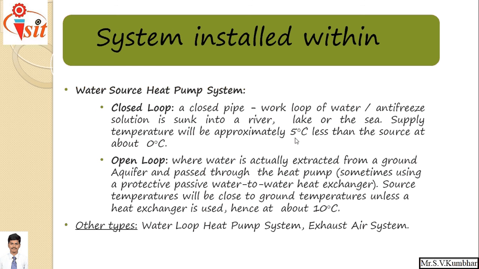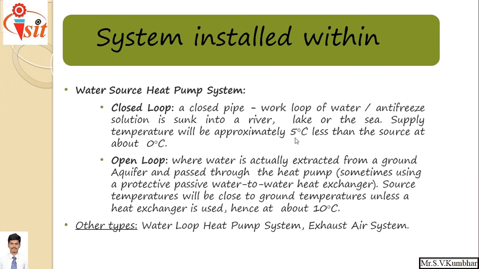Water source heat pump system. There are two types of water source heat pump system: closed loop and open loop. In closed loop, a loop of water and antifreeze solution is sunk into a river, lake or sea.